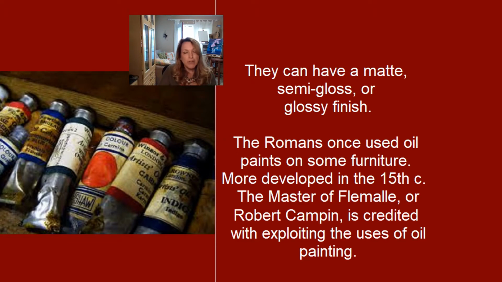They can have a matte finish, a semi-gloss finish, or a glossy finish. And so, but oil paint was once used on some furniture as well. So it has a long history, but it really wasn't used a great deal until the Renaissance. And so by the time we get to the Renaissance, we see a number of the use of oil.